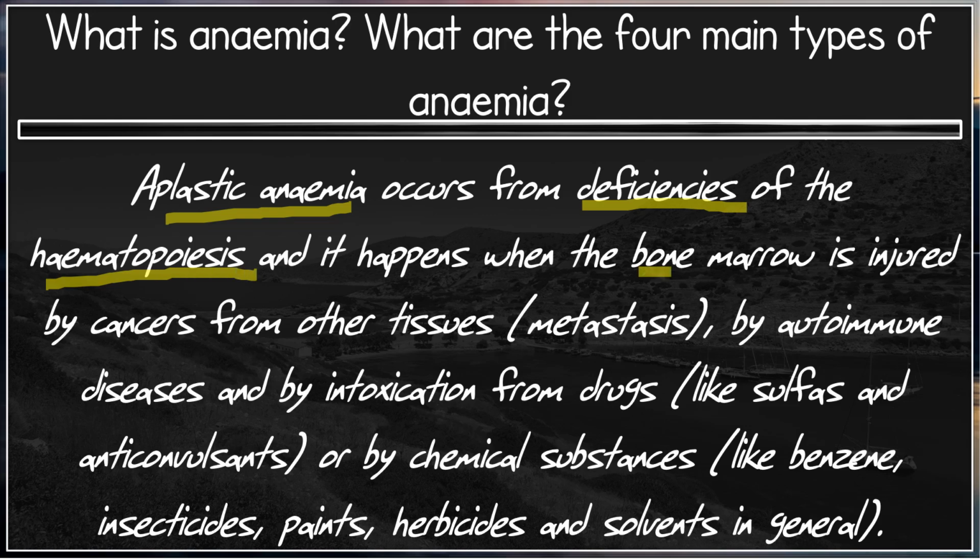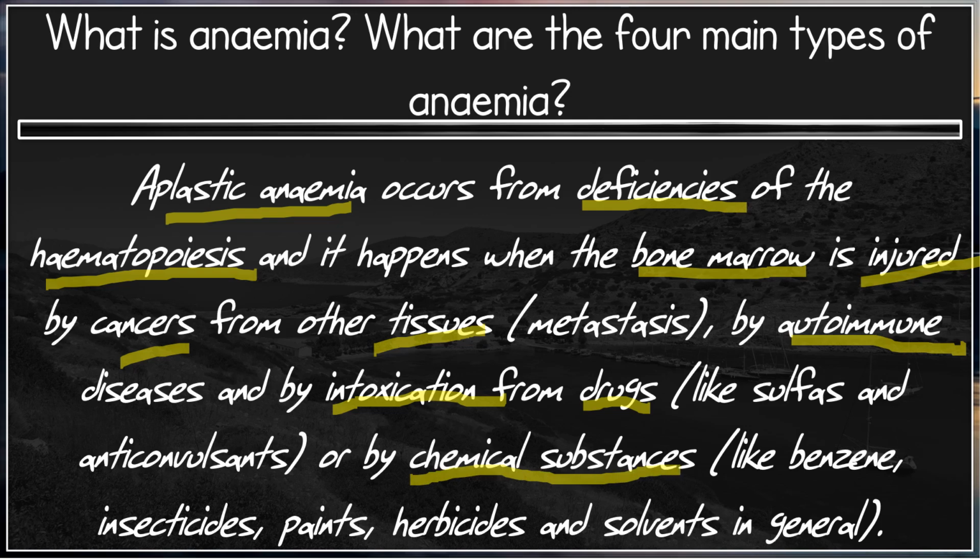It happens when the bone marrow is injured by cancers or from other diseased tissues, metastasis, by autoimmune disease, or by intoxication from drugs like sulfonamides and anticonvulsants, or by chemical substances like benzene, insecticides, paints, herbicides, solvents in general.